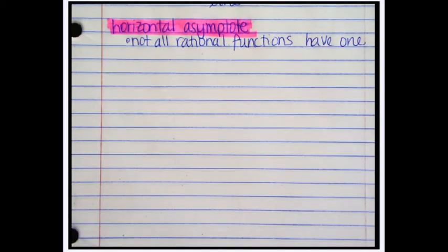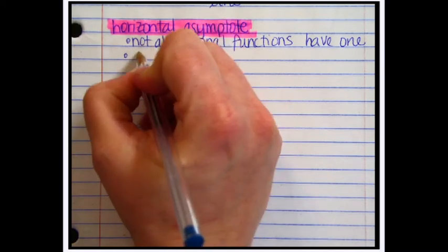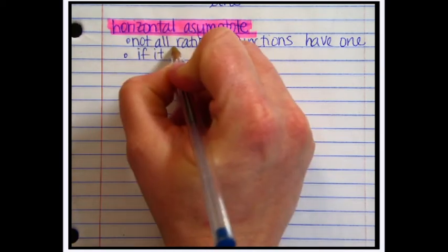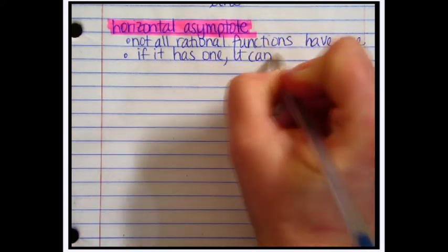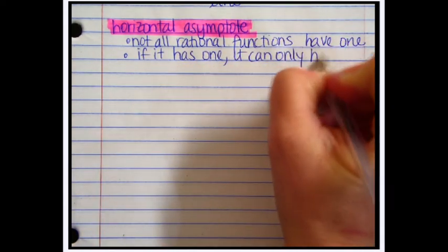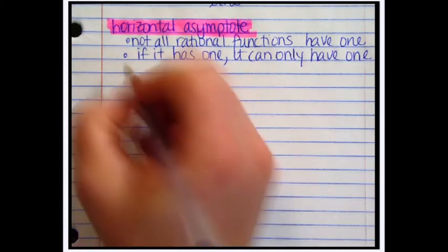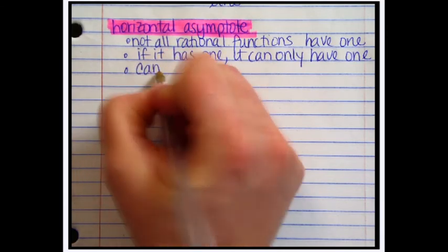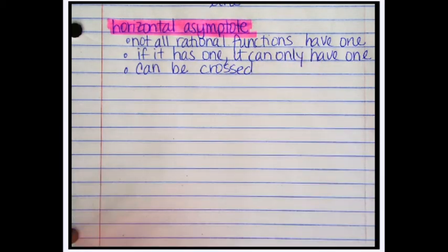So again, the majority of rational functions have a vertical asymptote, but not necessarily a horizontal asymptote. The second thing is if it has one, it can only have one. So at most it has one, but it doesn't have to have one. And when we graph it, it can be crossed. It may cross it or it may not.